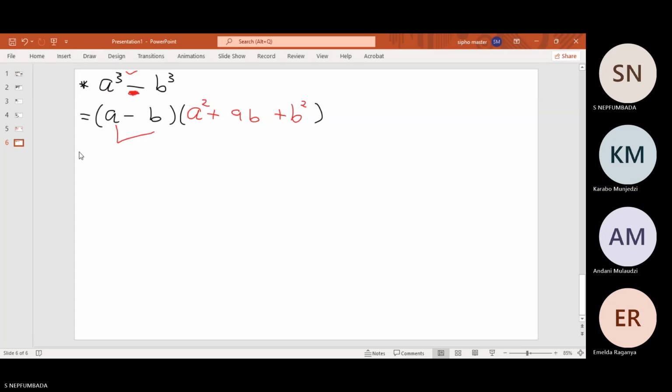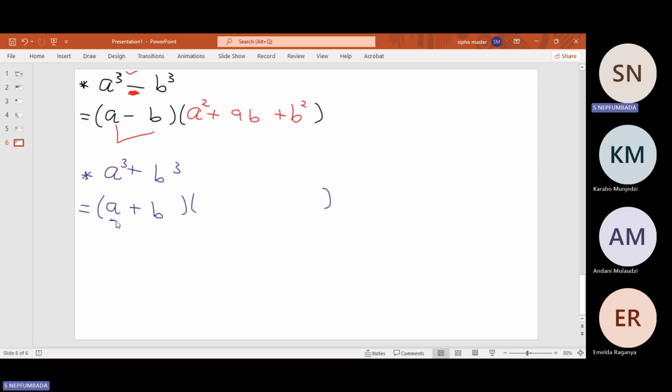Okay, so let's do a cube plus b cube. I told you that the rule states that we copy the first without exponents.